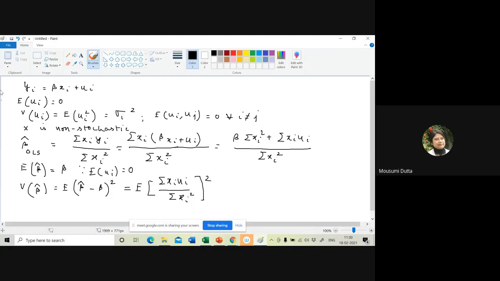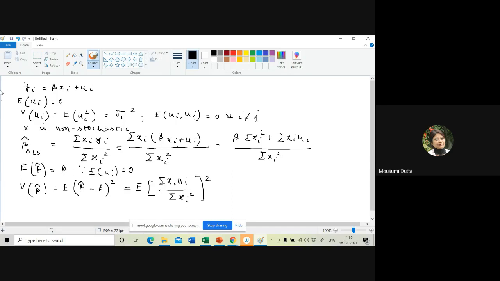So please write down. Let's consider a simple regression model in the deviation form. Small yi is equal to beta small xi plus ui. Model in the deviation form.